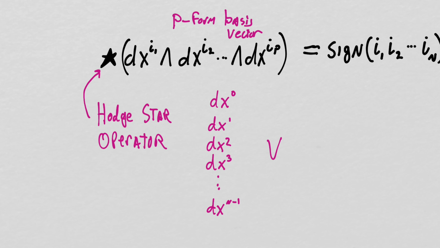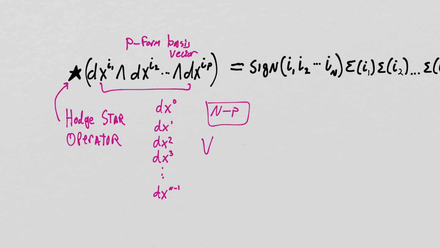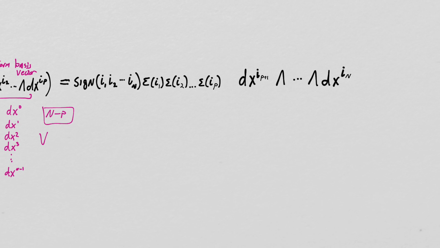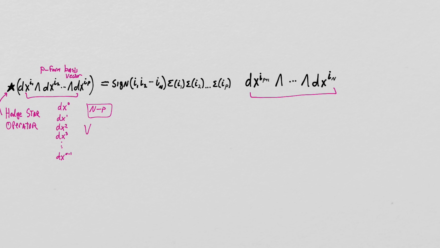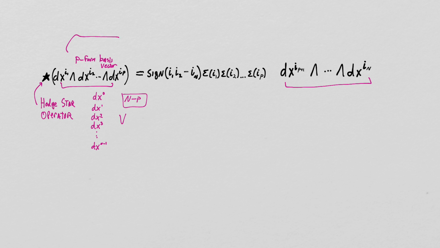So now on the left-hand side, notice you've used up P different basis vectors, which means you have n minus P left that are not showing up on the left-hand side. All of those remaining n minus P must show up on the right-hand side. So whatever is not used here must be used over here.